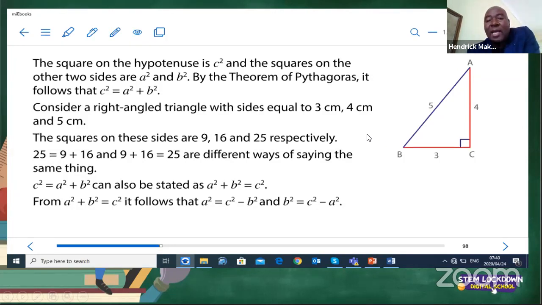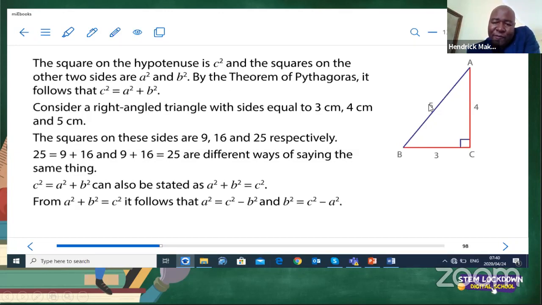Now, we are saying that in any right-angled triangle, c squared, where c is the hypotenuse, meaning the side opposite the right angle, if you square that side, this will be equal to the sum of the squares of the other two sides. In this triangle, c squared is equal to a squared plus b squared.